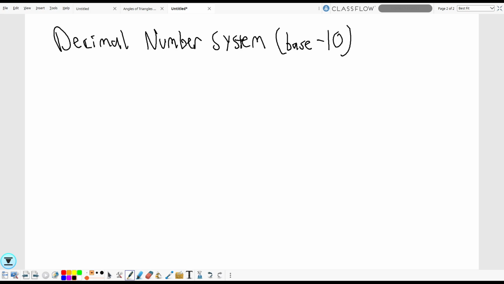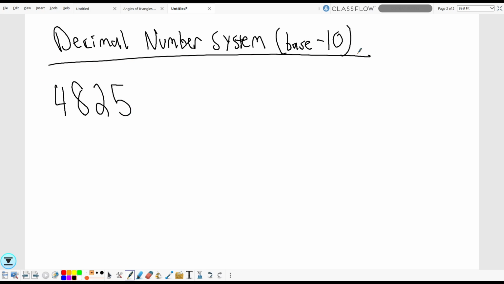So how does our number system really work? Why is it base 10? What does that even mean? Well, let's take a number like 4,825. Normal looking number, whatever.